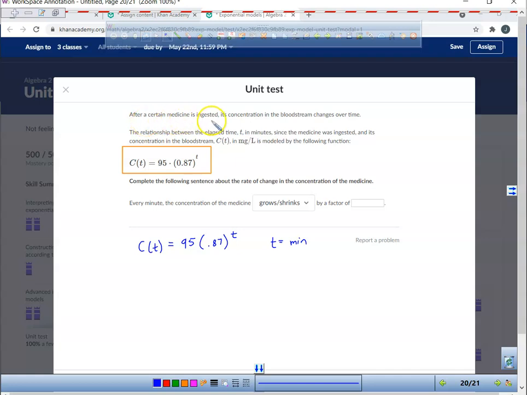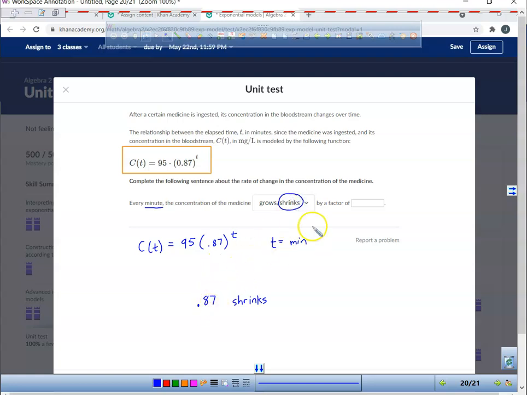After a certain medicine is ingested, its concentration in the bloodstream changes over time. Here's the relationship between t in minutes and C of t, whatever is left as this function. Now, every single minute, the concentration, 0.87. Is that bigger than or less than 1? So that means it's not growing, it is shrinking, it's decreasing.